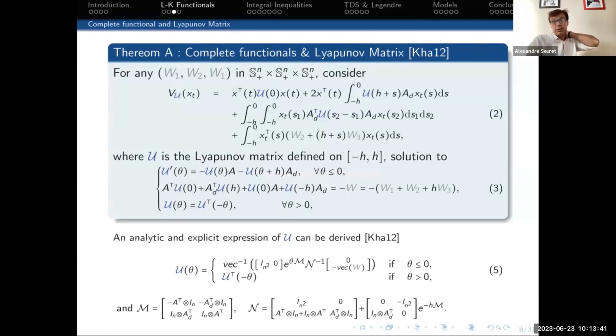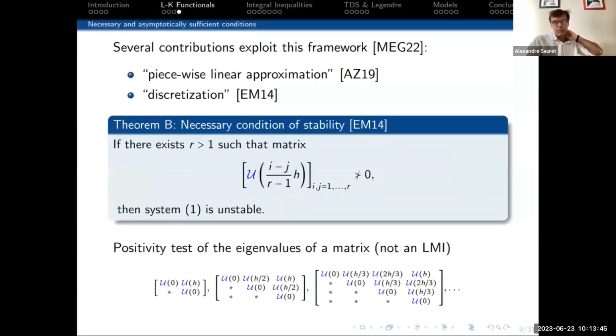But now we would like to do some tests and evaluate the stability of the system. Several works exploit this framework to assess stability conditions. This is the work summarized in the recent survey of Sabine Mondié, Alexey Egorov, and Marco Gomez. I mention two examples of solutions and only one theorem.